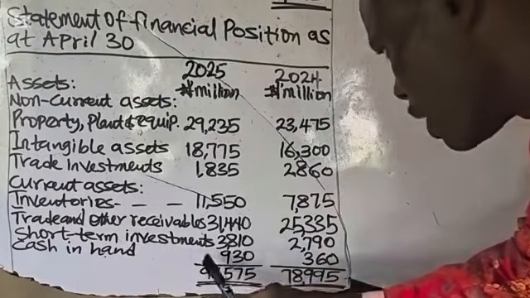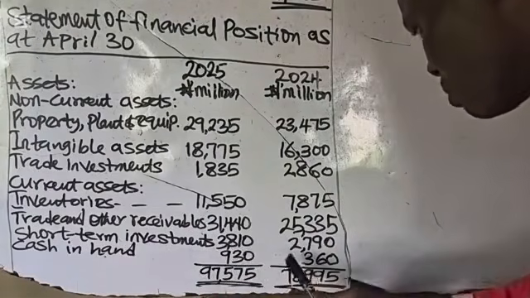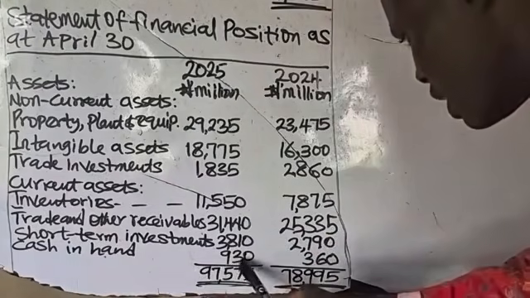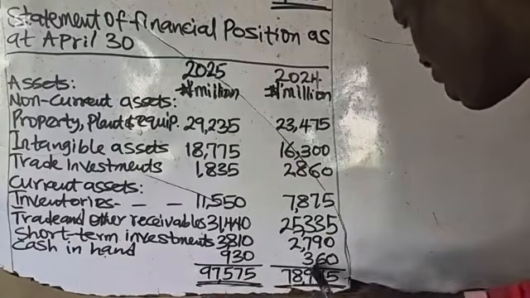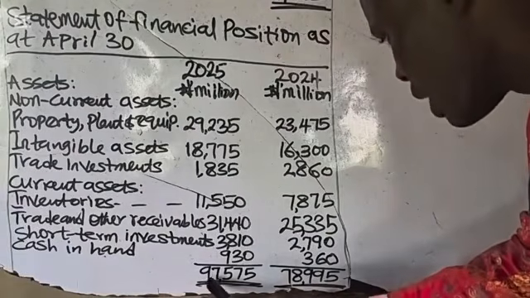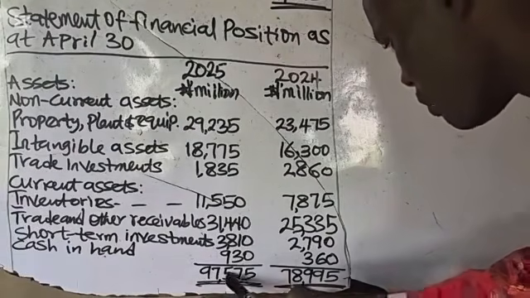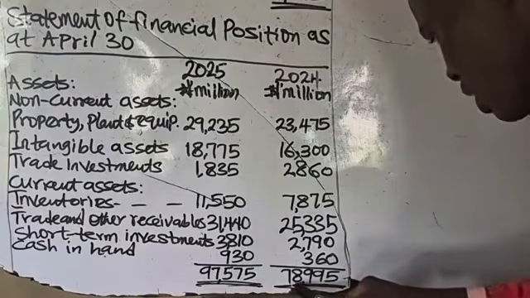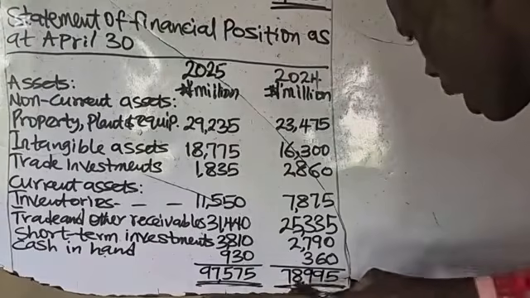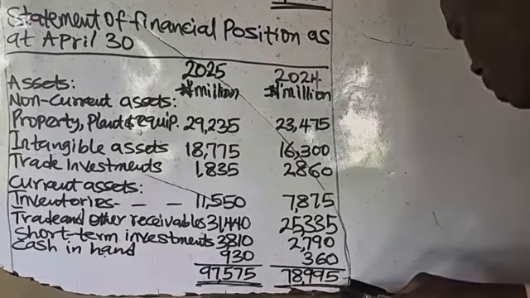Then short-term investment 3 billion 810 million and 2 billion 790 million. Cash in hand 930 million and 360 million. The total of assets, 97 billion 575 million and 78 billion 995 million in 2025 and 2024 respectively.